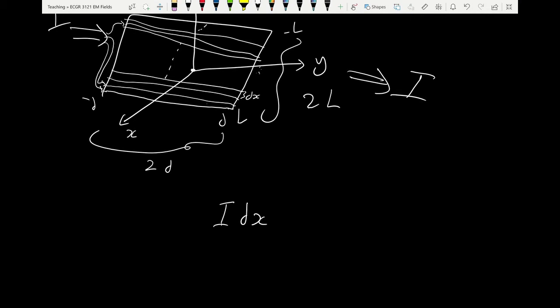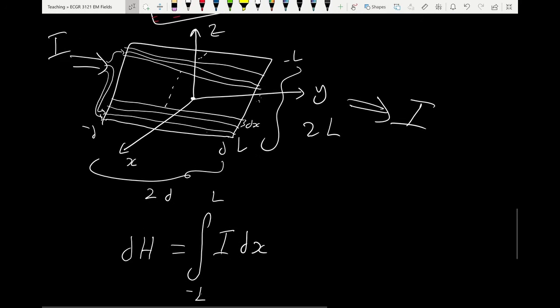Okay, and then what would be the infinitesimal magnetic field intensity due to all the filaments? I just need to integrate over all the filaments, right? From minus L1 to L2, I need to integrate along, like, as I move.